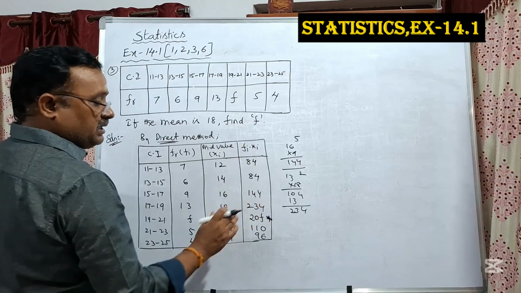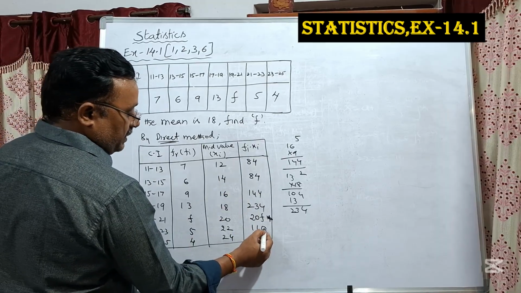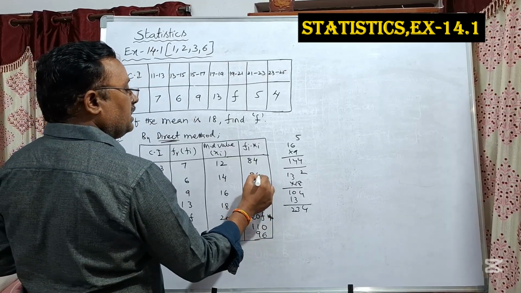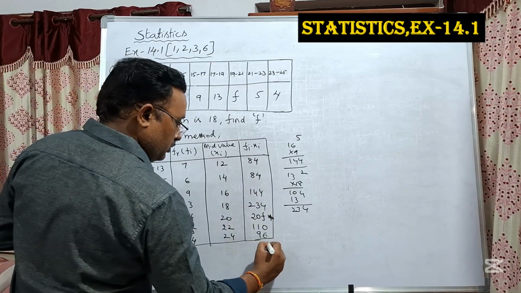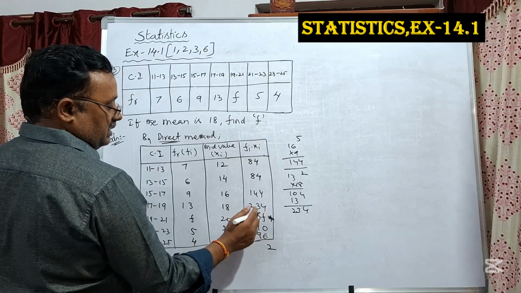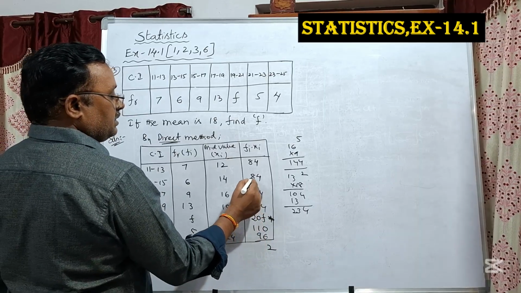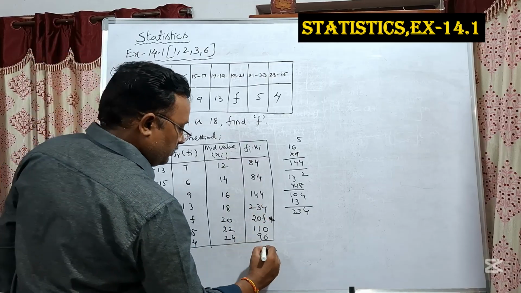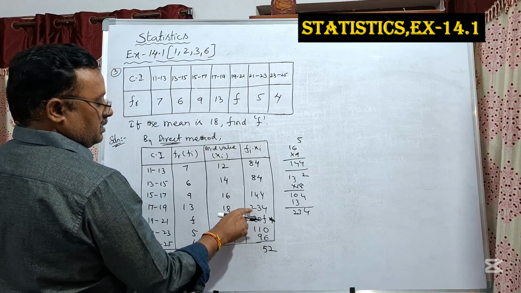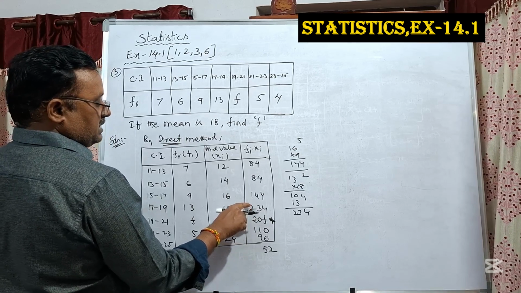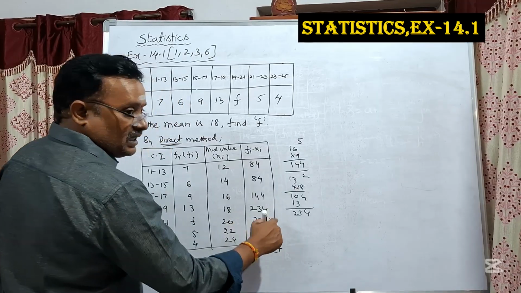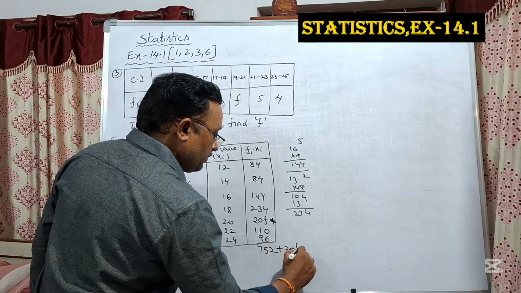So leaving it, add the remaining: 84 plus 84 is 168, plus 144 is 312, plus 234 is 546, plus 110 is 656, plus 96 is 752, plus the remaining value 20f.